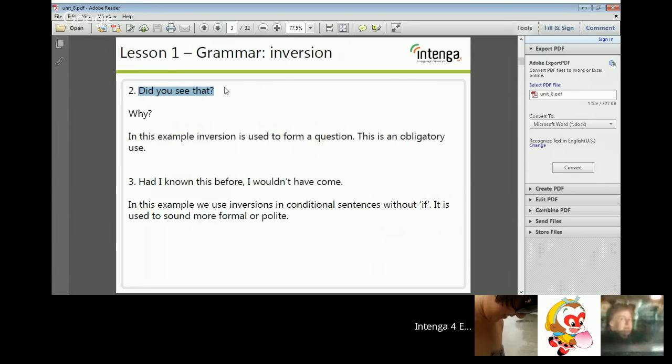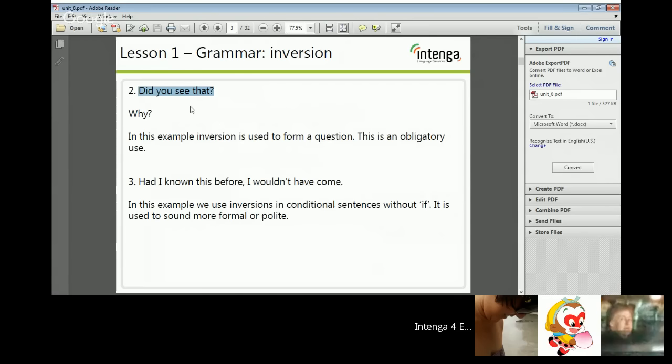We change the order of the auxiliary and the subject and the main verb. That's what we're doing. So we do use inversion, all right? It's just because we have to. Does that make sense? Yes. Okay.